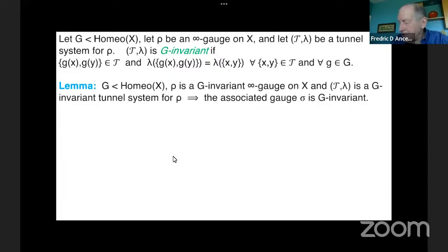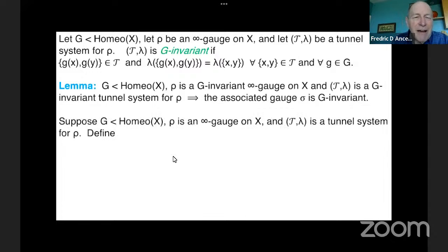And this is, again, straightforward. So I have a way of making things G invariant: if I can make my open covers in the developments G invariant, and if I can make the tunnel system G invariant, then I'll get a G invariant gauge.